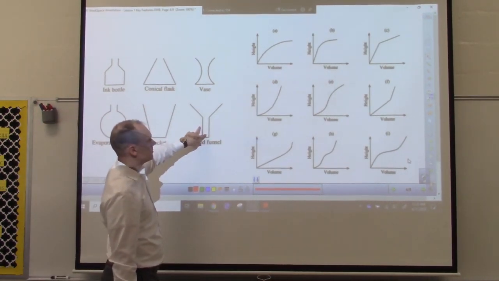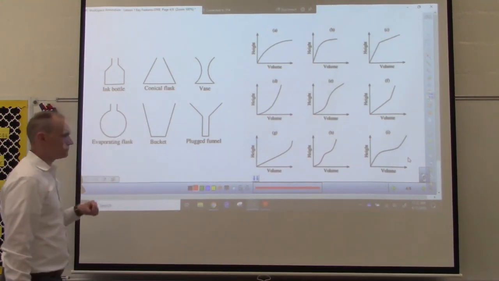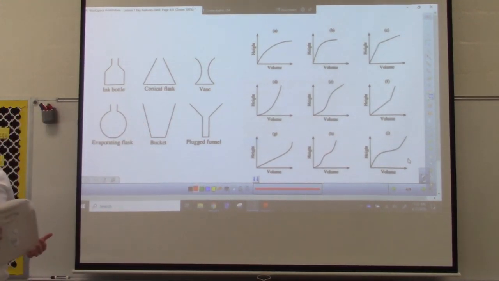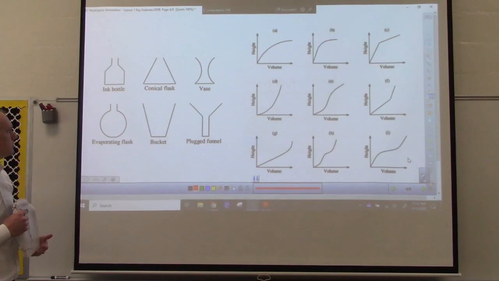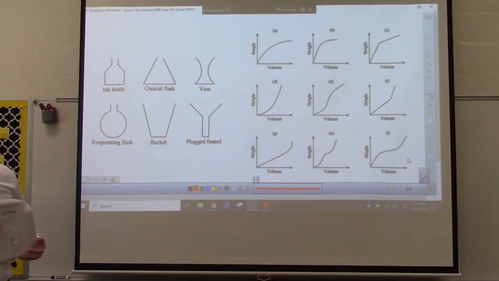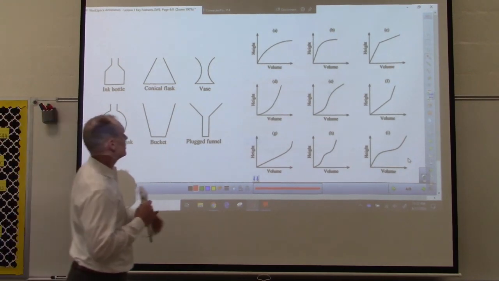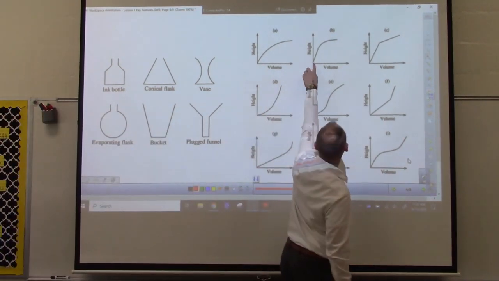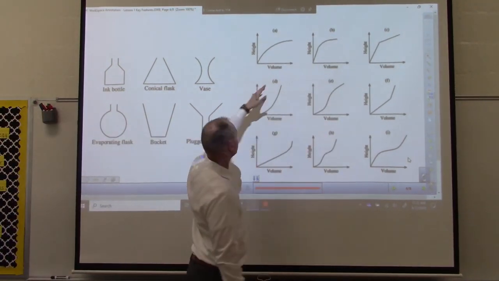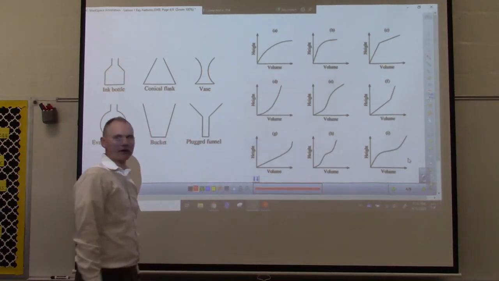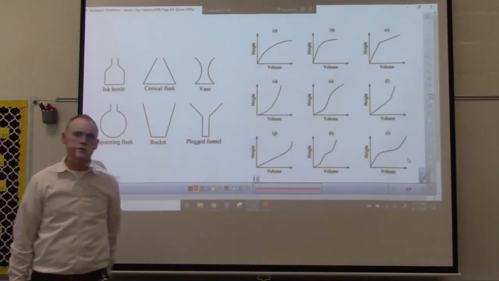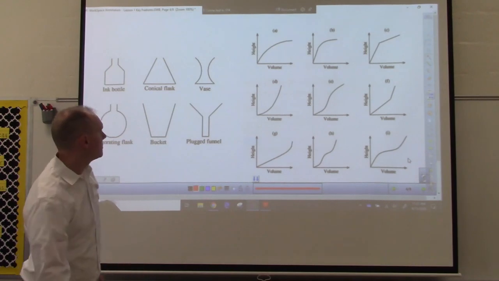And so again, that's why it's going to be D. Oh, sorry, B. Yeah, B. So it's got a constant rate here. Yeah, and then it opens up, so it increases, but it's going to be slower and slower as you go.